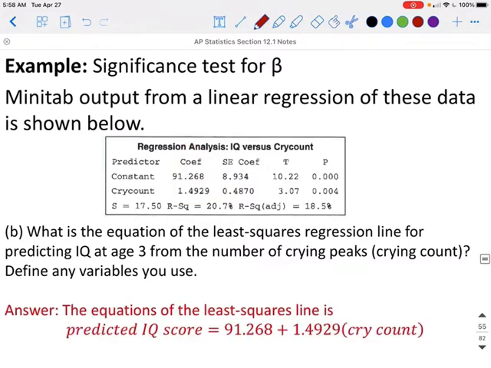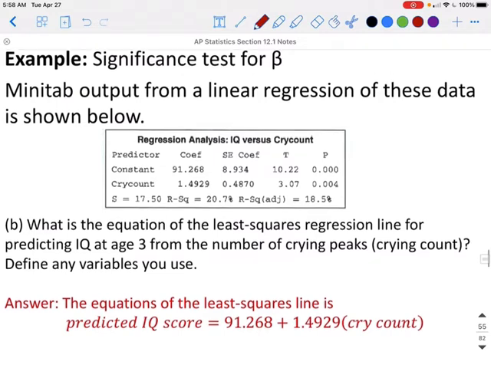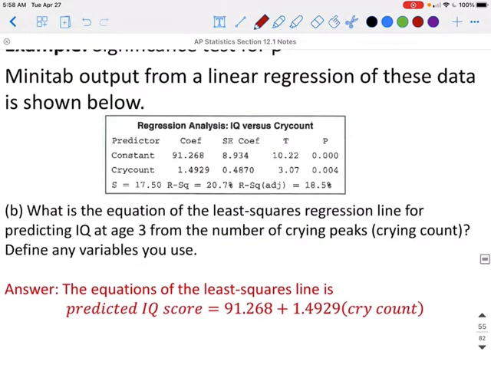You will have to define what your variables are. In that case, y is the predicted IQ score and x is the cry count. Or you can write your equation with the variables already defined in the equation.